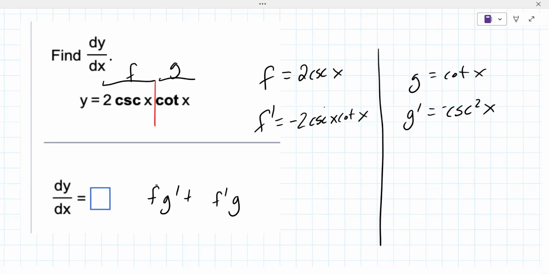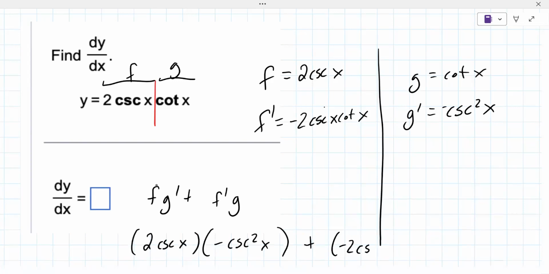So for example, it'd be 2 cosecant x times minus cosecant squared x plus negative 2 cosecant x cotangent x times cotangent x, like this. Sure. Okay.